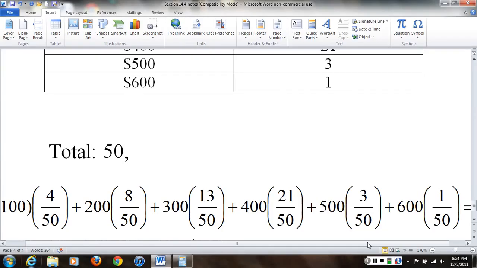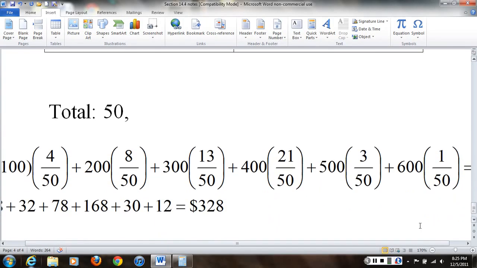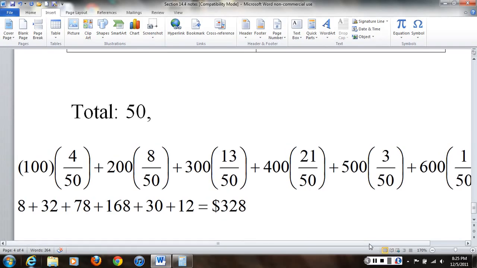Plus the probability of 200, which is 8 out of 50, plus 300 times 13 out of 50, 400, and so on and so forth. Each time the value times the probability of that outcome. And when you do the math, you get $328 that you stand to make on average based on this franchise.